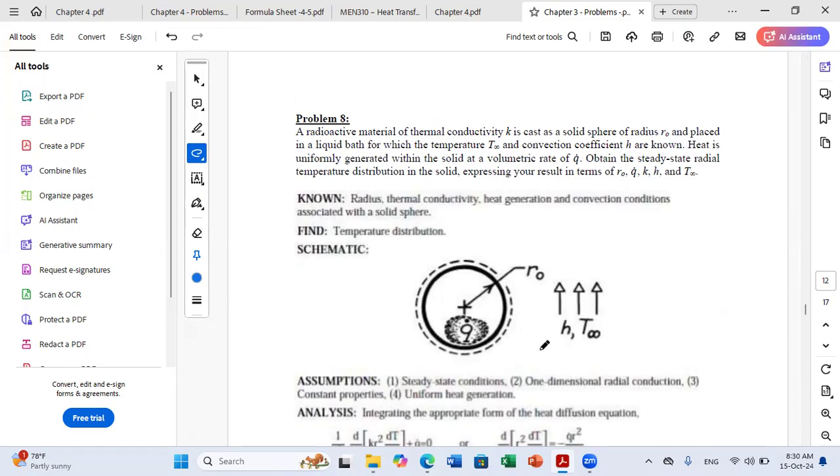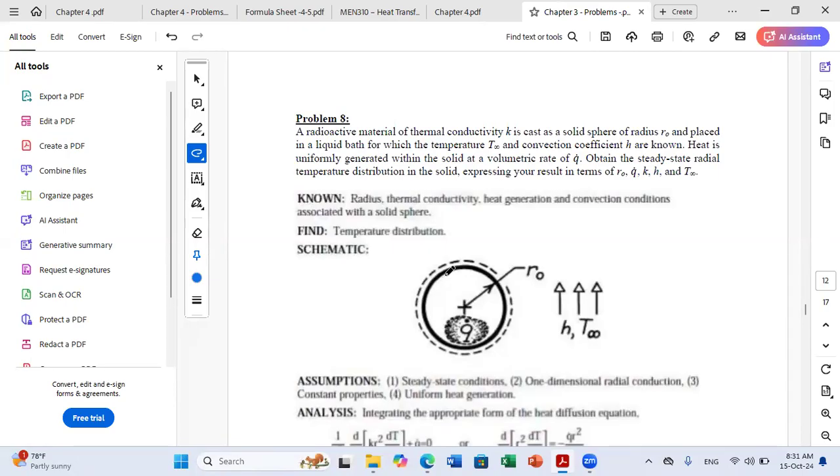So we need to consider the equation in spherical coordinates, and we have steady state and uniform generation. If we go back to our differential equation, first it's steady state, so the term del T by del t, the variation of temperature with time, will cancel out.